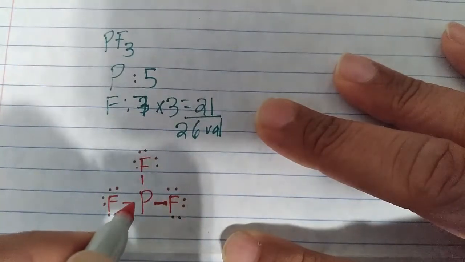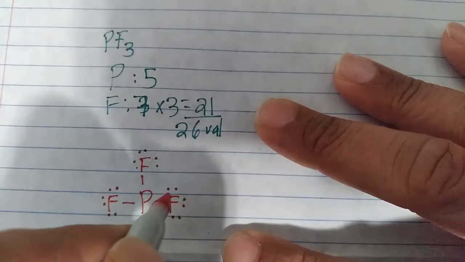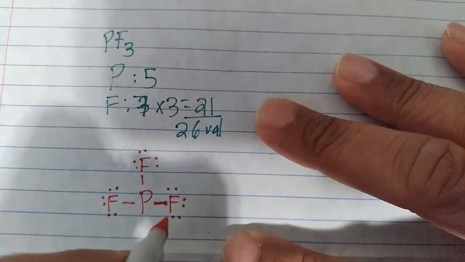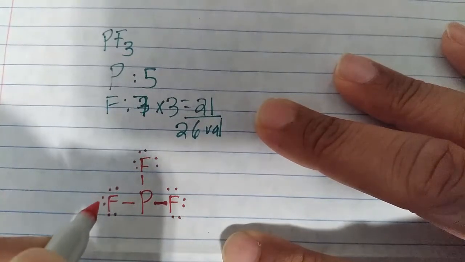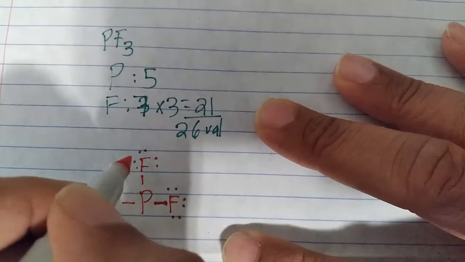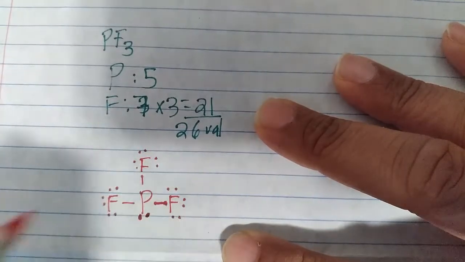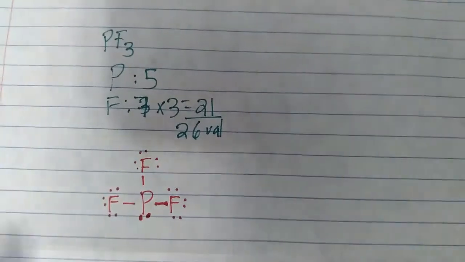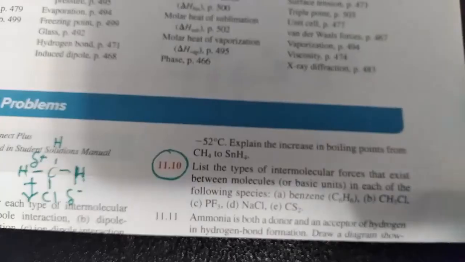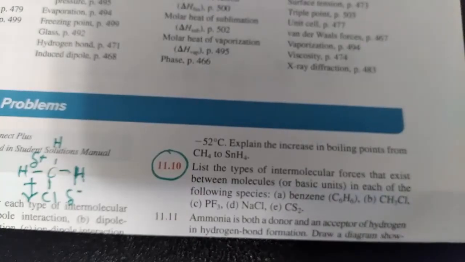So counting this all out, 1, 2, 3, 4, 5, 6, 7, 8, 9, 10, 11, 12, 13, 14, 15, 16, 17, 18, 19, 20, 21, 22, 23, 24, 25, and 26. So that lone pair of electrons makes this molecule polar. Because it's polar, we would expect PF3 to bind to another PF3 via dipole-dipole interactions.